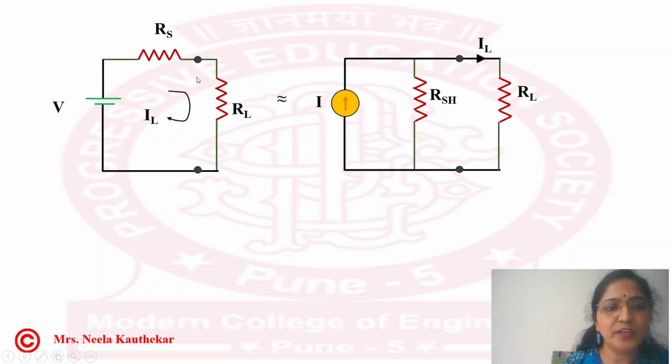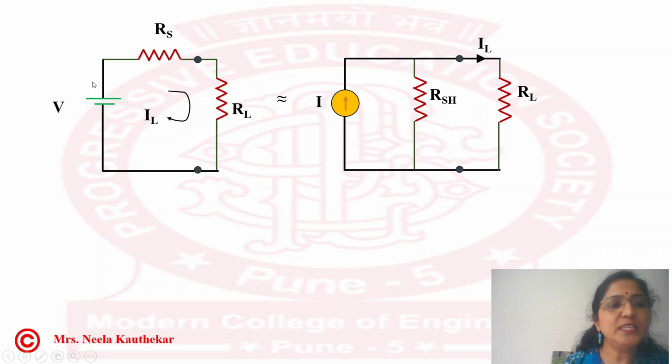So this voltage and resistance we are going to convert to current and its internal resistance. While converting this, the output should not get affected. Output should not get affected means the current flowing through RL should remain constant even though I change this voltage source to the current source.